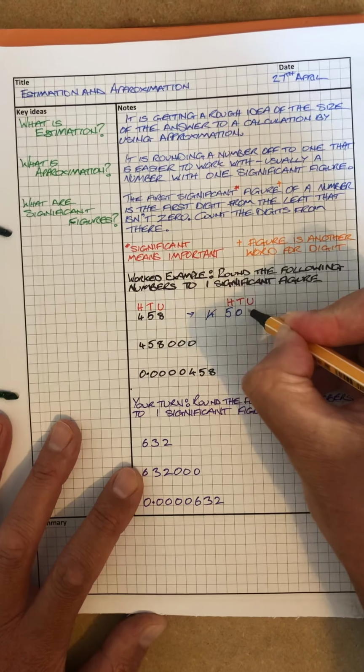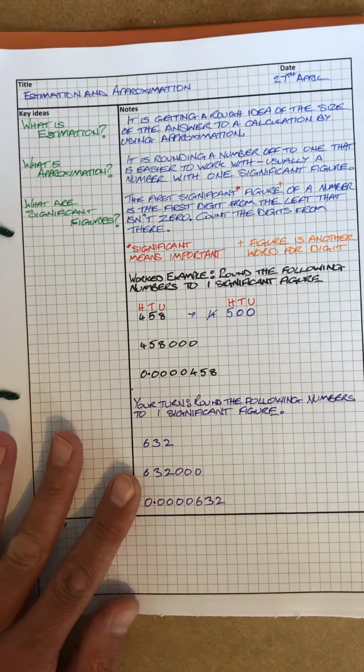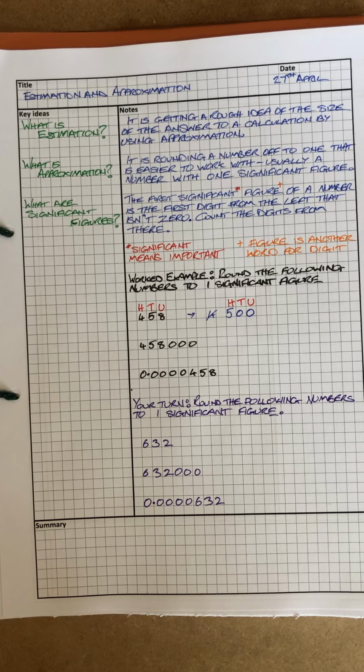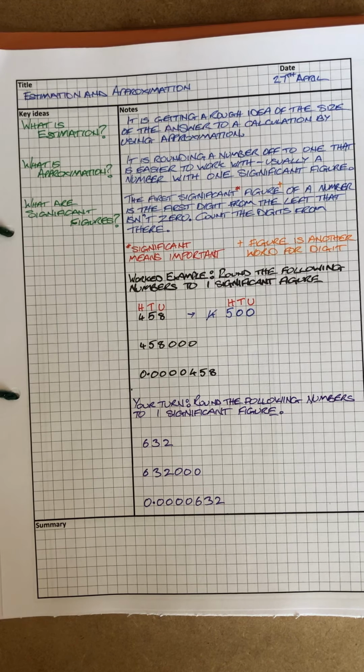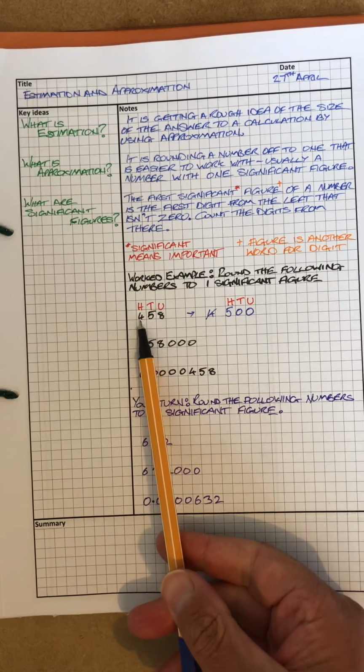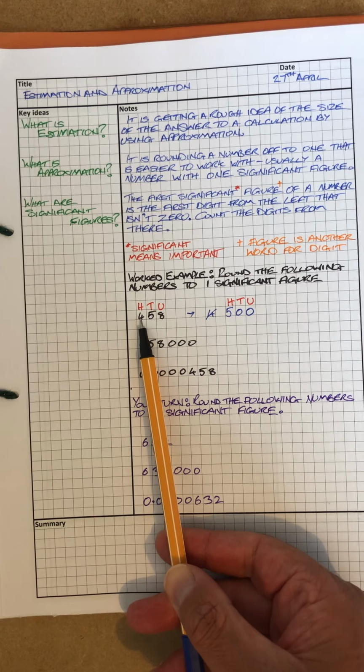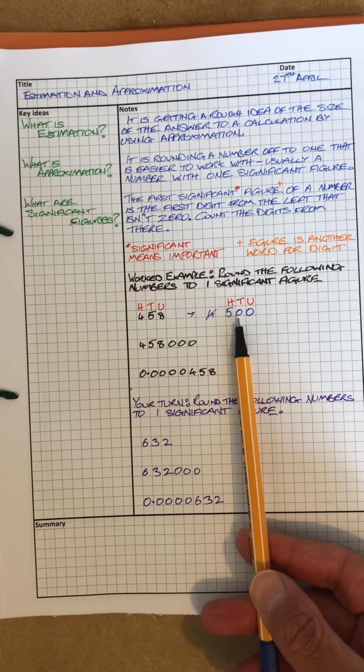We've got 0 of each. So this question is effectively round 458 to the nearest 100. The first digit we've got are hundreds and we're rounding to the first digit, so we're rounding to hundreds. What is the nearest 100 to 458? It's 500.